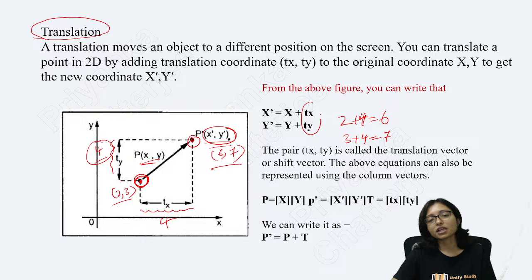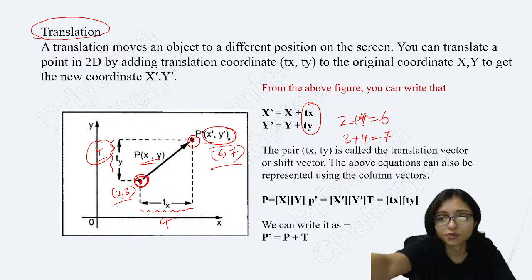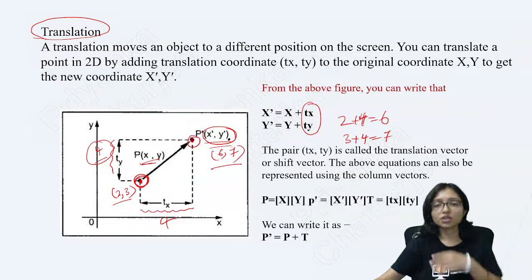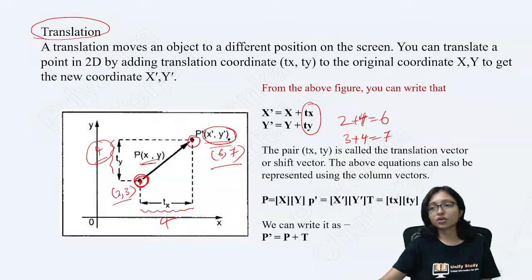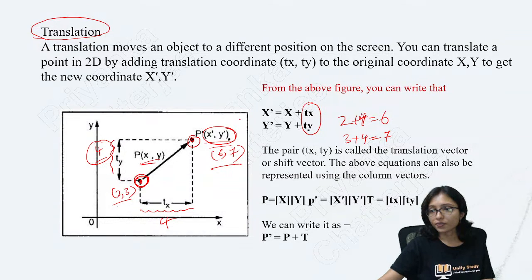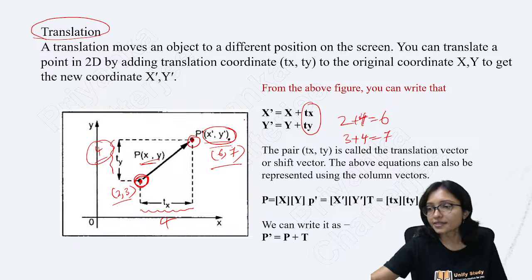So the Tx and Ty values are here 4, 4. Tx is 4, Ty is also 4. In that way the translation is going on. Is that clear? Yes.